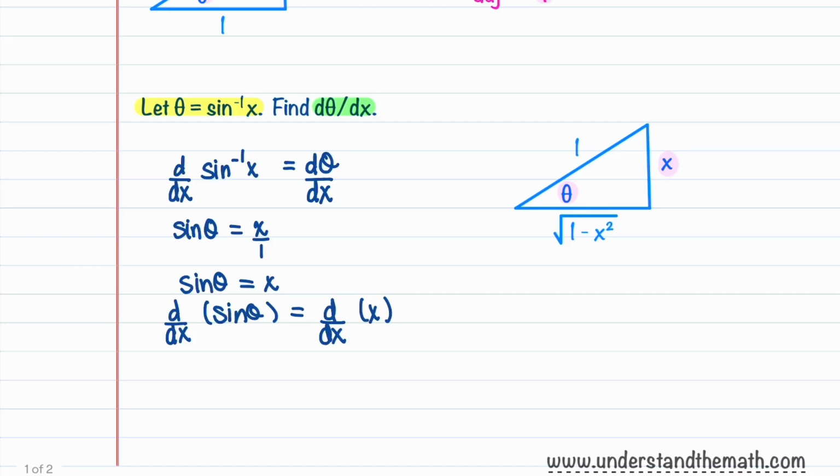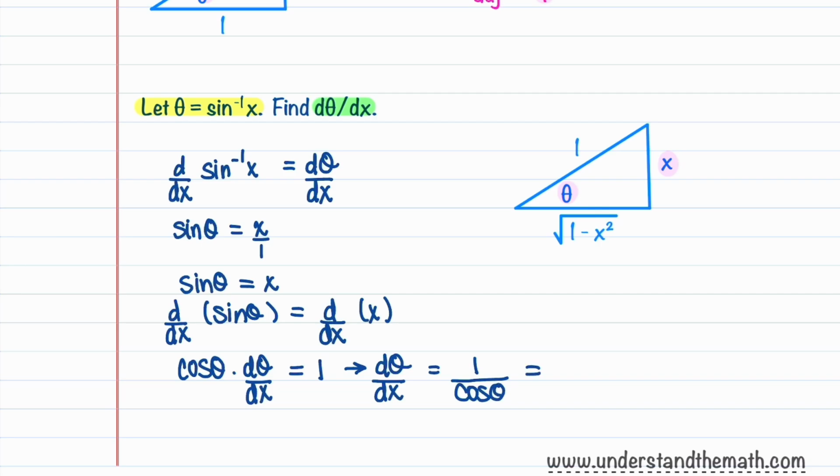The derivative of sine theta is cosine theta times d theta dx, because theta is a function of x. And then on the right-hand side, we just get 1. So this tells us that d theta dx is 1 all divided by cosine theta.